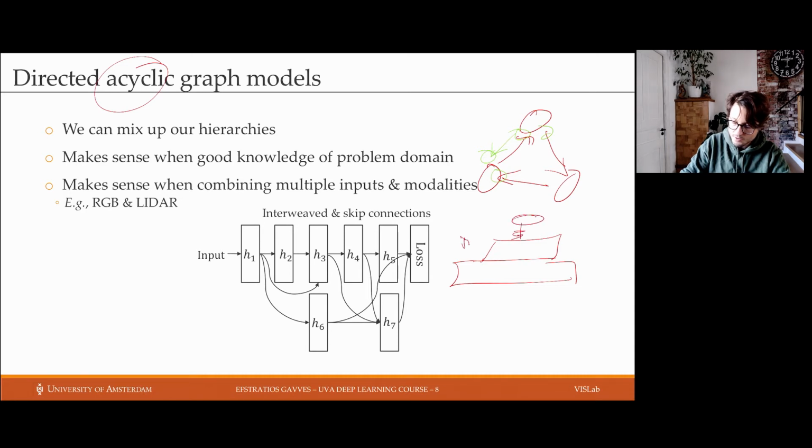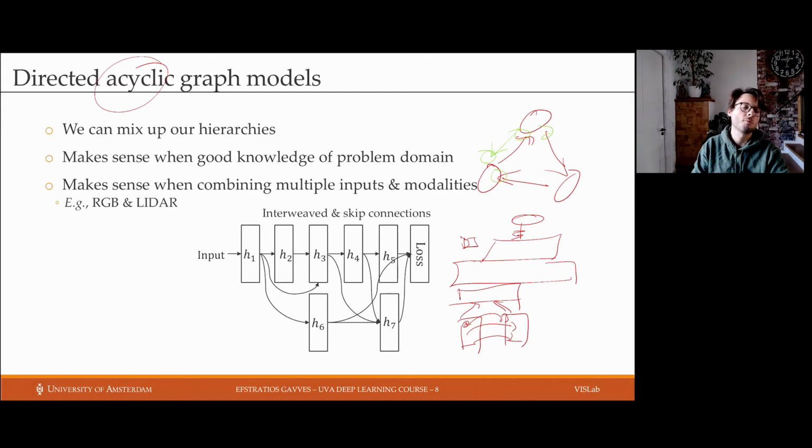A reasonable thing to do is to train a different neural network, one per modality, and then start merging afterward, like with another top layer. Or maybe when we know that a LiDAR can help the RGB modules, we can have even lateral connections. That's also possible. So if we know that in this specific problem domain that kind of connectivity can help, this type of branches make sense.